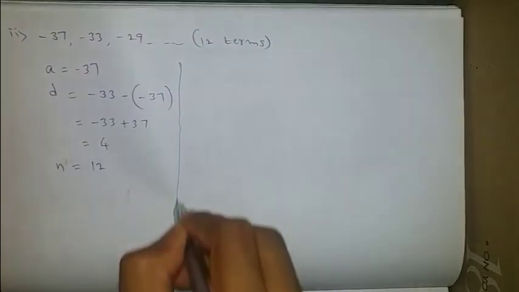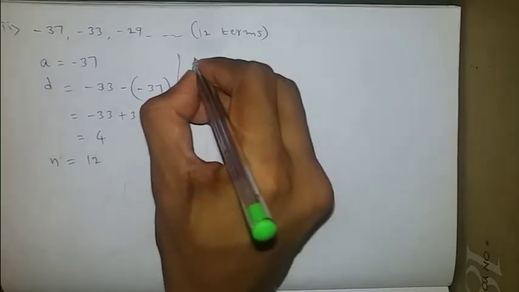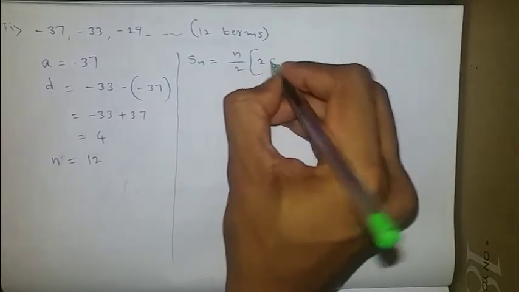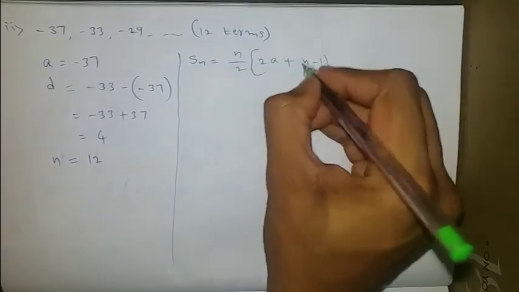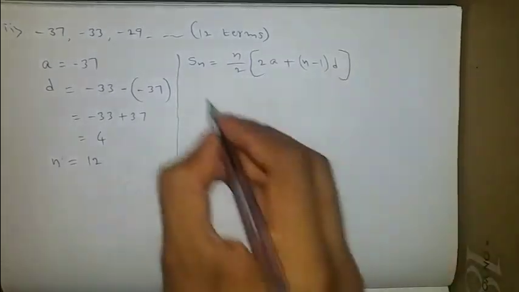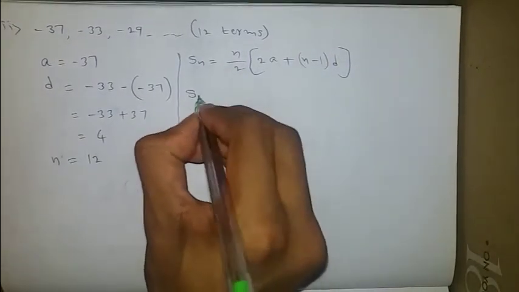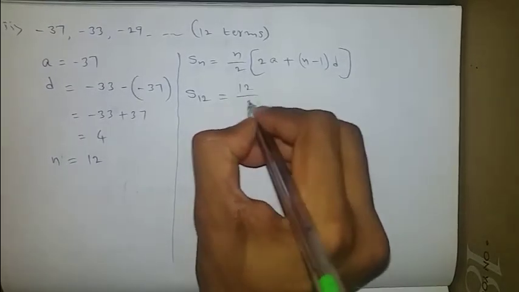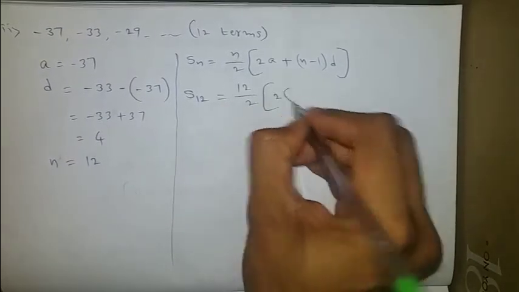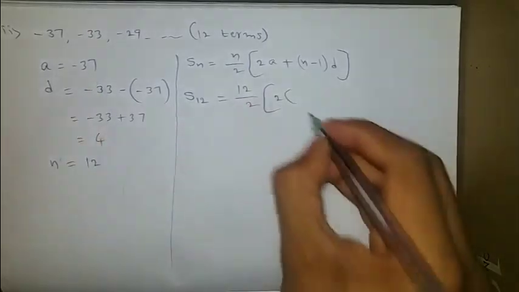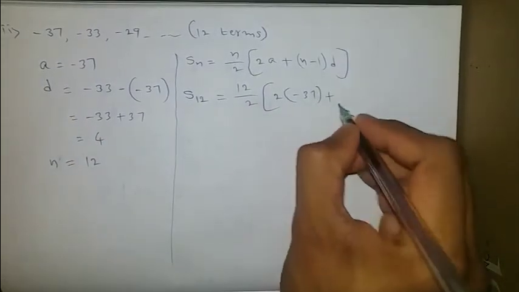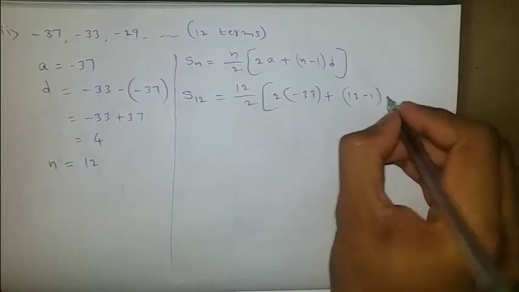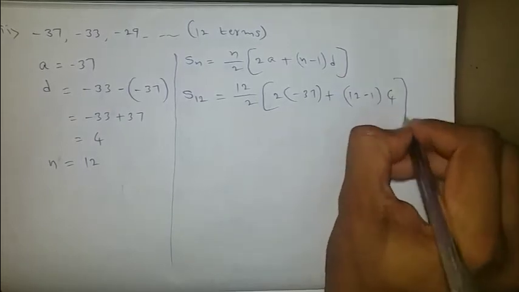Now let us substitute in the formula. The formula is Sn equals n by 2 times 2a plus n minus 1 into d. So Sn till 12 terms we want. The sum of the 12 terms equals 12 by 2 into 2 into the a value, minus 37, plus n value 12, 12 minus 1 into d, common difference 4.